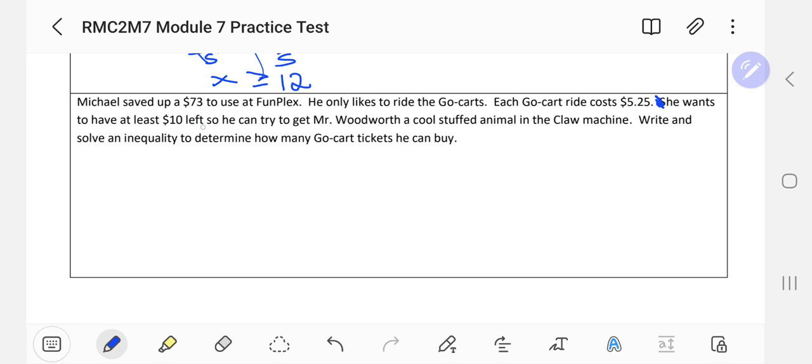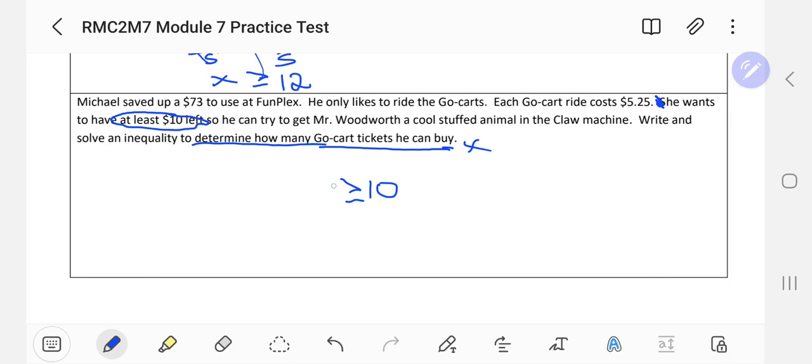All right, let's see. Determine how many go-kart tickets he can buy. So that's our X. And we know that the inequality symbol is at least $10 left, so he needs to have greater than or equal to $10.